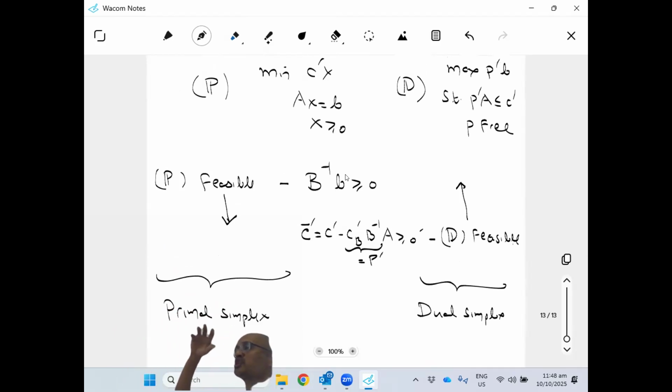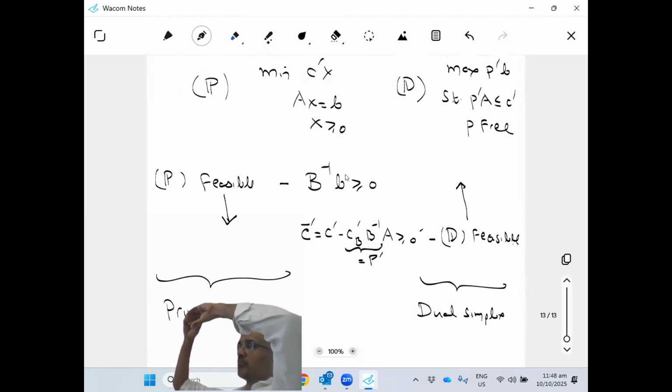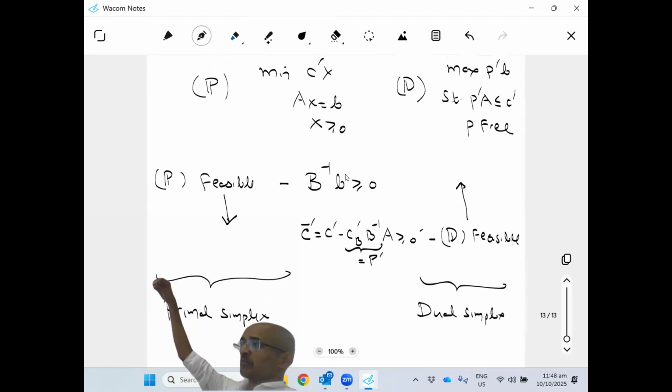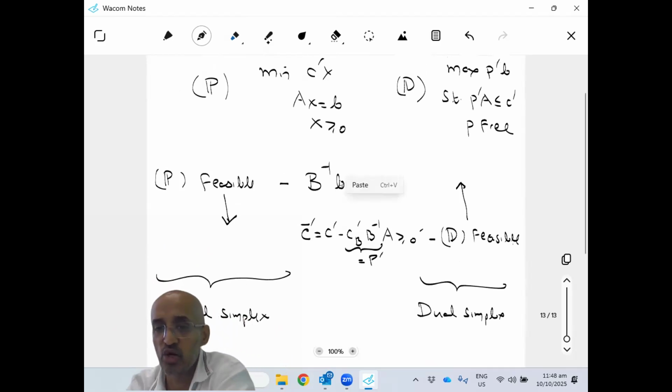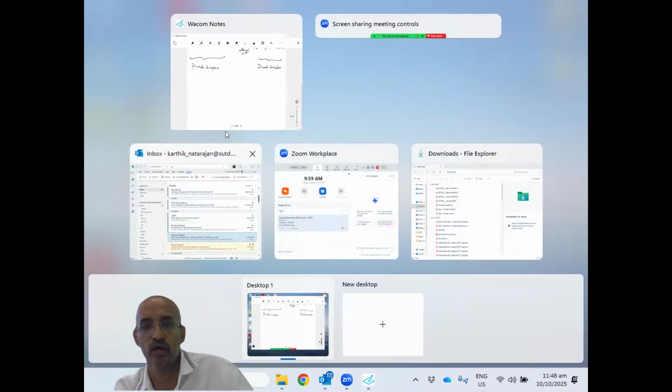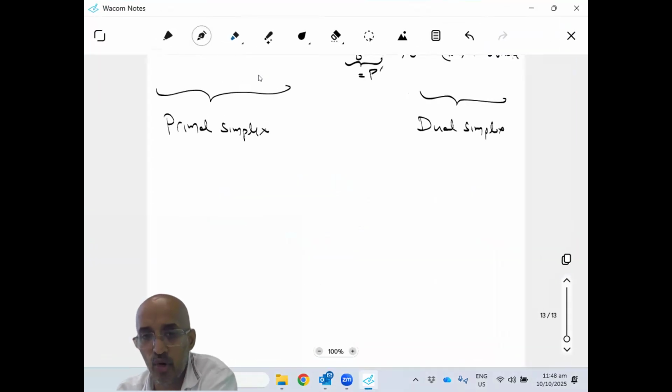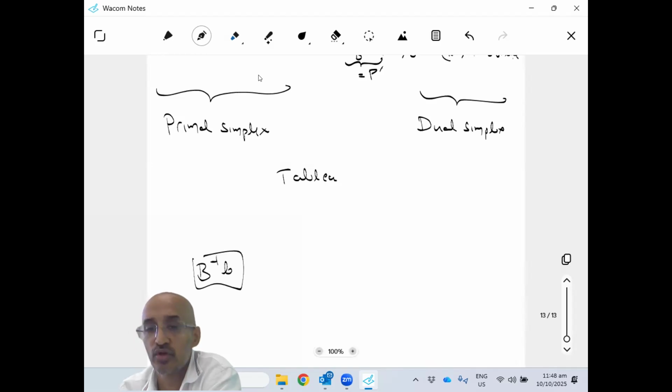So the way it's going to change is, previously we would start with an entering variable with a negative reduced cost. In dual simplex, the tableau is the same.